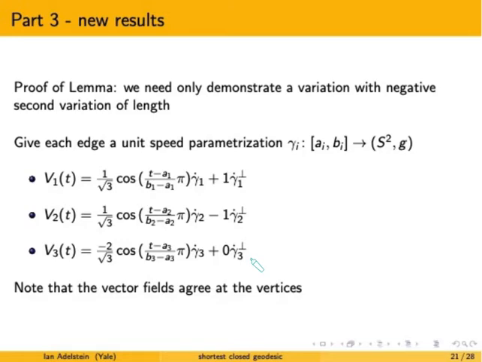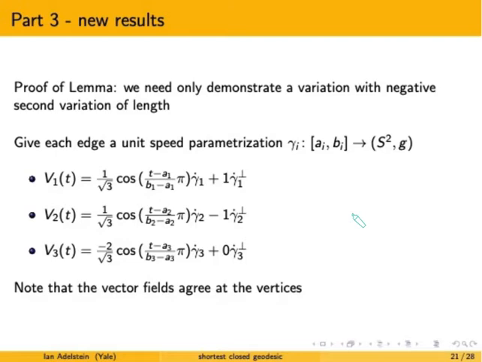And then all I really need to do is cook up the components in the directional motion of the geodesics so that these vector fields will agree at the vertices. So I introduce some cosine functions with the appropriate weights so that when I evaluate these 3 vector fields at the vertices, they agree, and they're such that we're going to pull the 2 vertices towards each other, in the direction of the face that the first and the second edge are sweeping out.